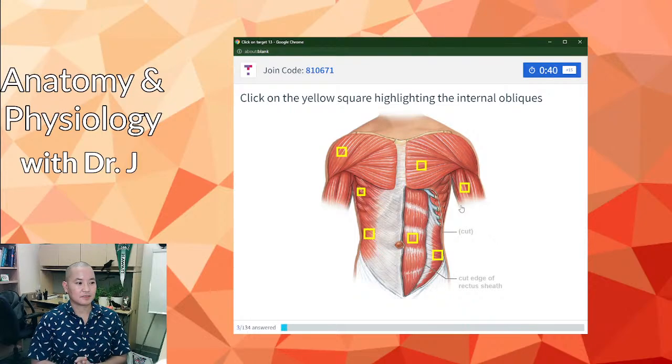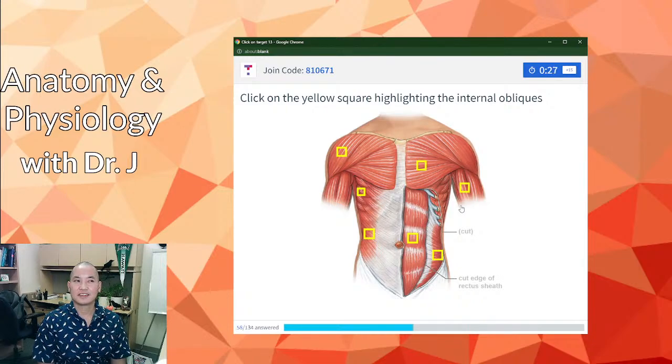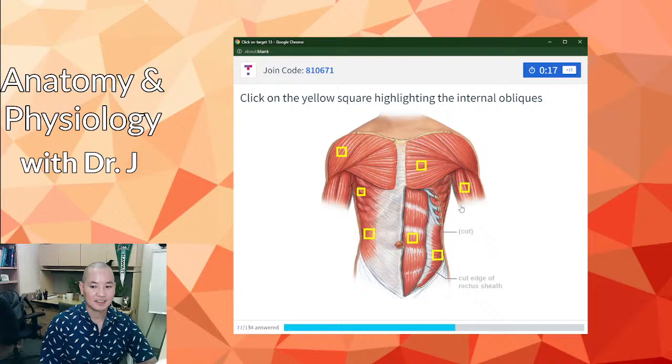Another thing with origin and insertion: if I mention origins, insertions, and actions, can you determine the action if I give you an origin and insertion? Say there's a muscle that originates on the coracoid process of the scapula and the supraglenoid tubercle of the scapula and inserts into the radial tuberosity of the radius.